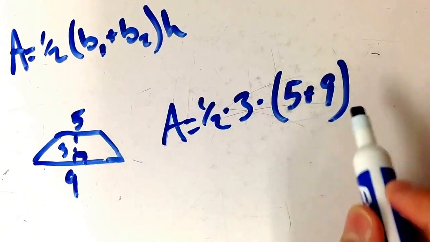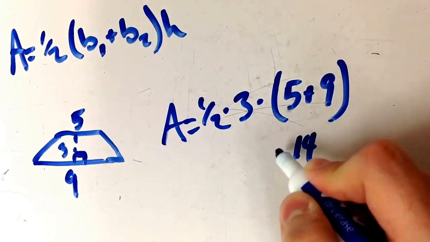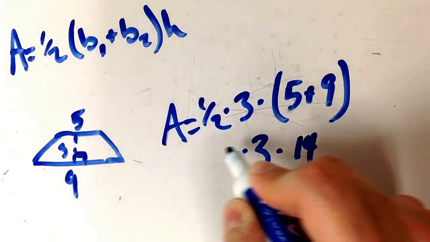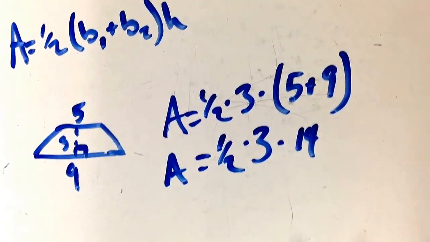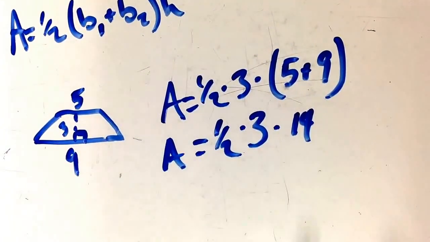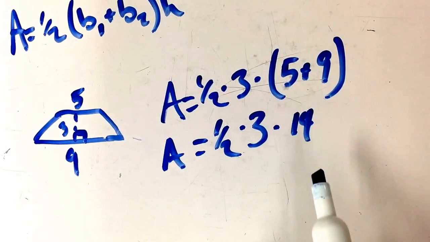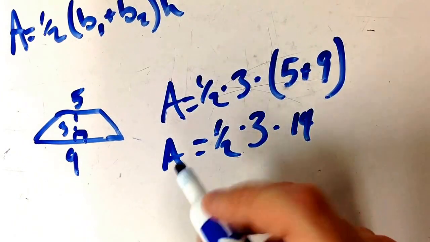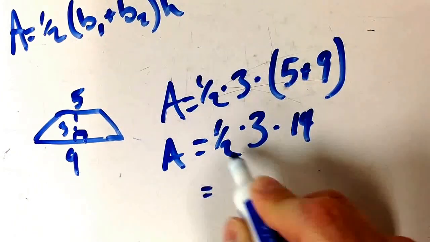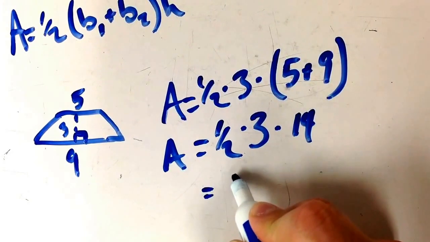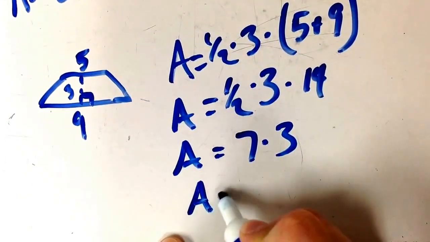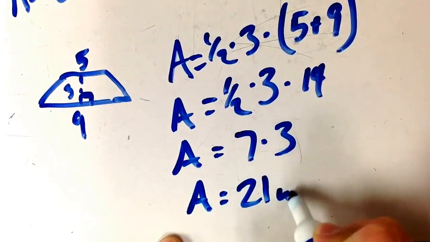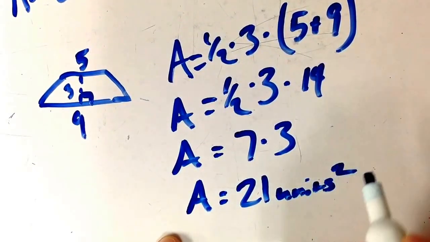I'm going to do my parentheses first. 5 plus 9 is 14, times 3 times 1/2 equals my area. So 1/2 of 14 is 7. 7 times 3 equals your area. So my area is going to be 21 units squared.